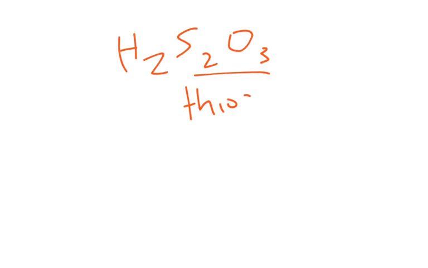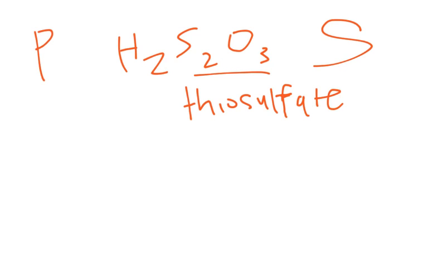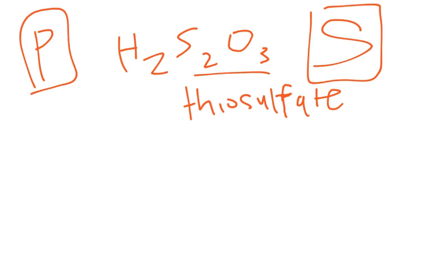Let's try, with our knowledge, to name acids now. Let's try something like H2S2O3. And look at that, that's thiosulfate. So in order to name this, we have to remember that anything with an S or a P will have the UR or the OR added to it.